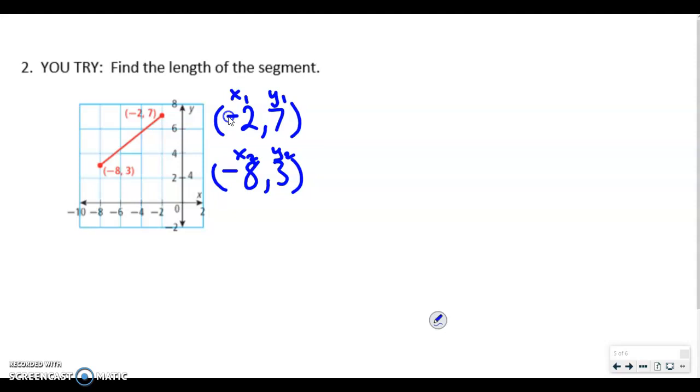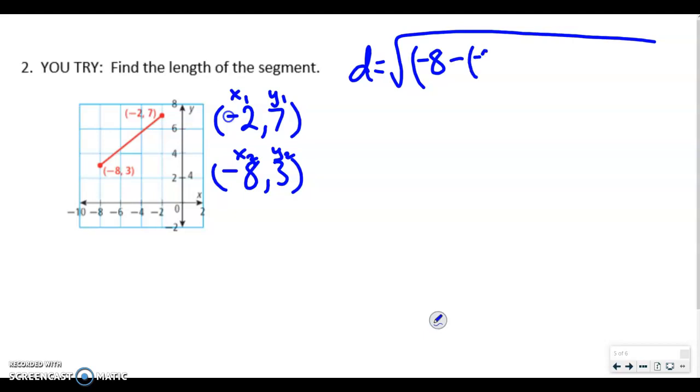You can name them maybe if you want. But we're still solving for our distance here. So we have negative 8, that's our x2, minus negative 2, which is our x1, all of that squared, plus y2, which is 3, minus y1, which is 7, and that's squared.